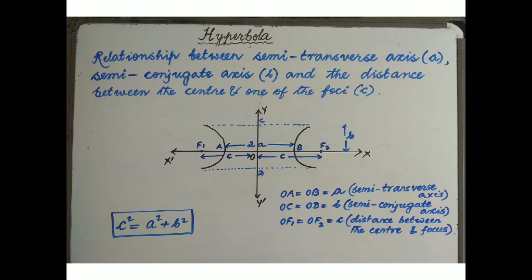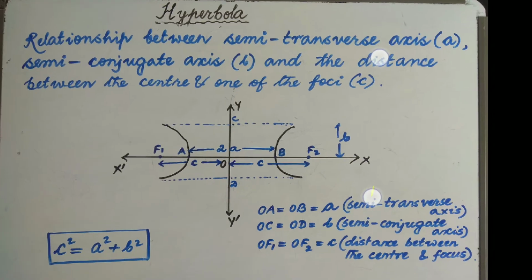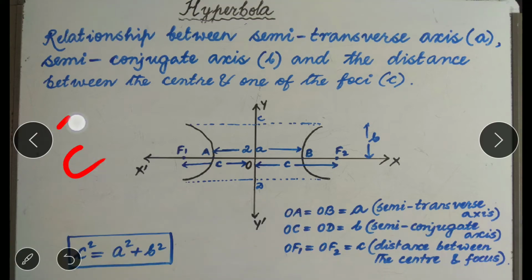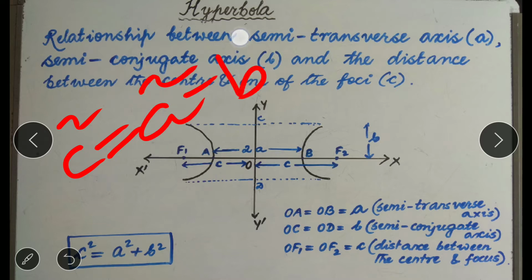Next, we have a relationship between the semi-transverse axis, semi-conjugate axis, and the distance between the center and the foci. As we had in ellipse, if you remember, the relationship was c square equals a square minus b square.